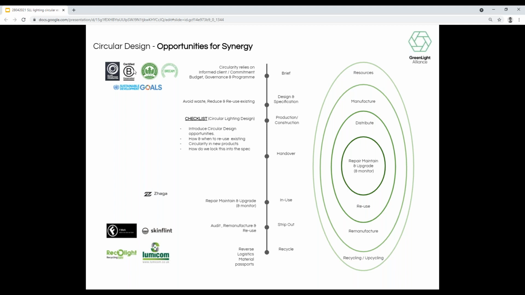They also promote other wellness principles, and they have different pillars within their schemes, but circularity is at the heart of their sustainable goals, and that's going to feed back into us as designers and into our briefs.